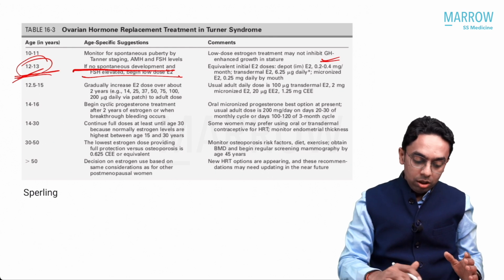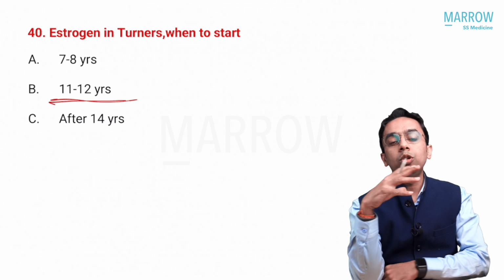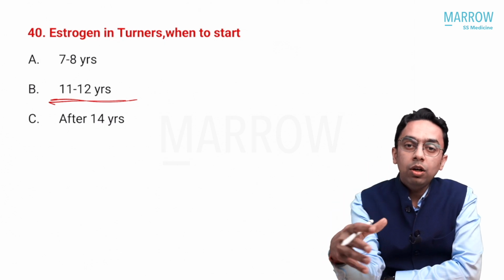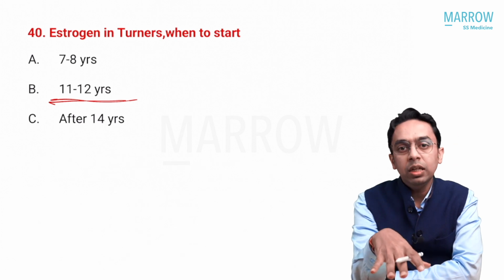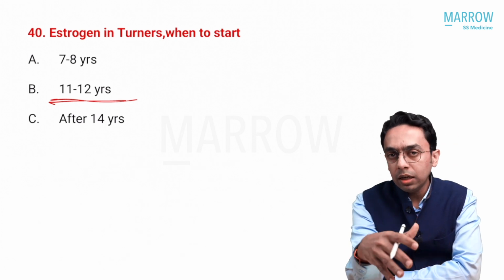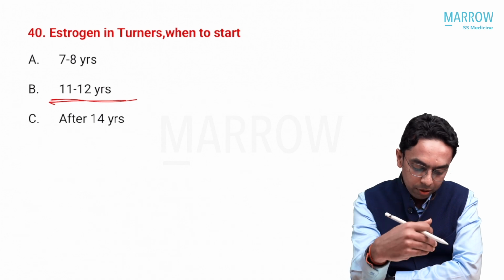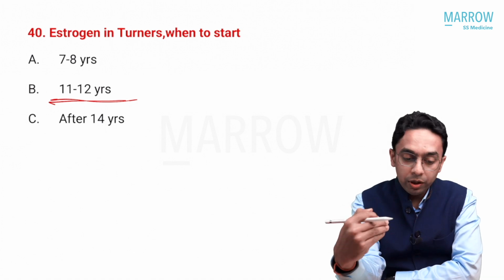One more important thing, up to 10 to 30% of Turner syndrome patients will have spontaneous puberty. Those patients who don't enter into puberty, we should give them estrogen by 11 to 12 years.